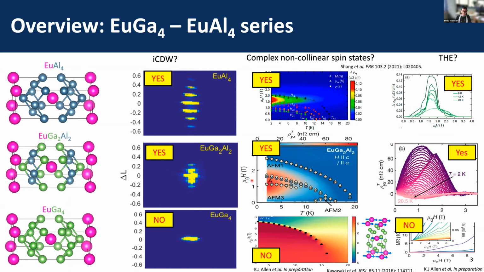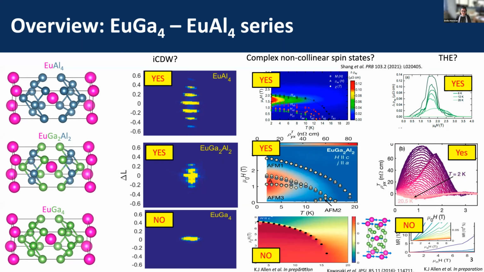Contrast this with the gallium end compound in the series, where the phase diagram is much simpler. There's only one phase transition, to an in-plane ferromagnetic state with antiferromagnetically stacked planes along the c-axis, as shown here.